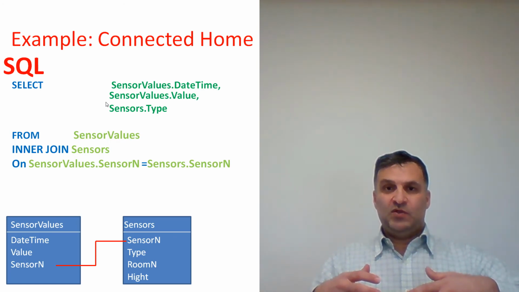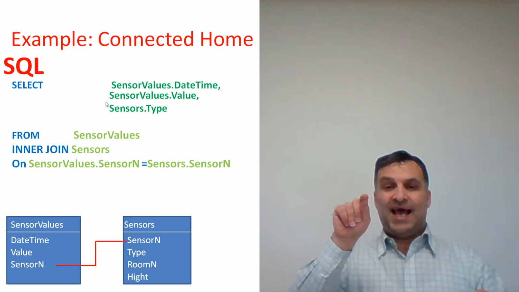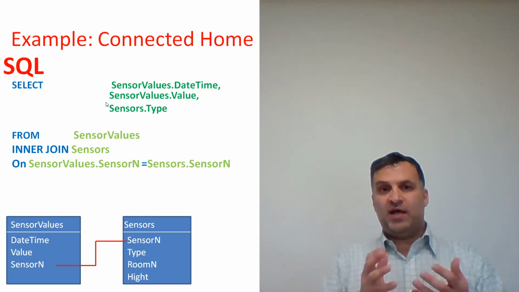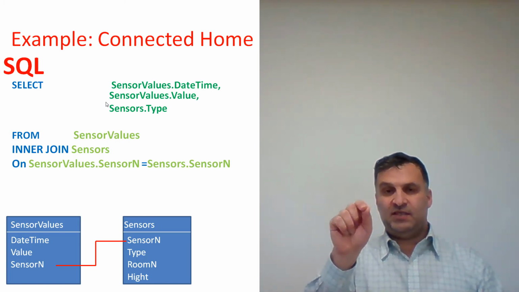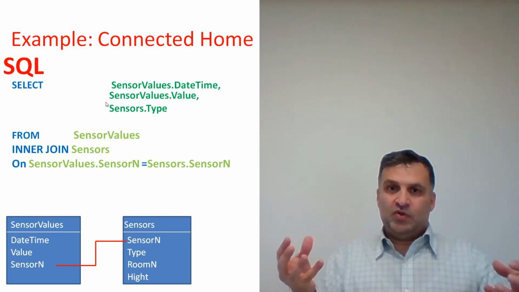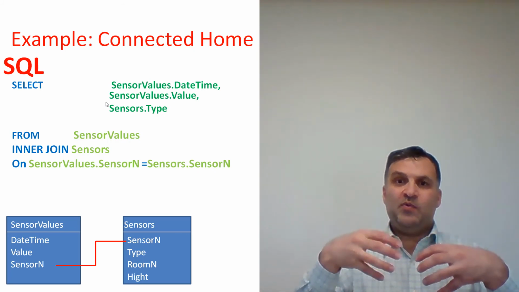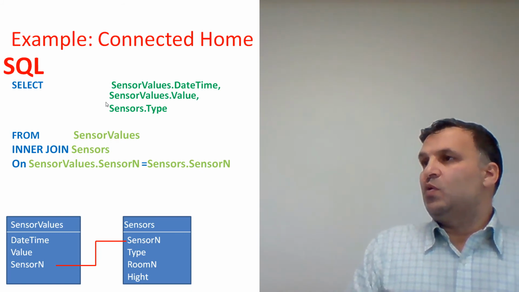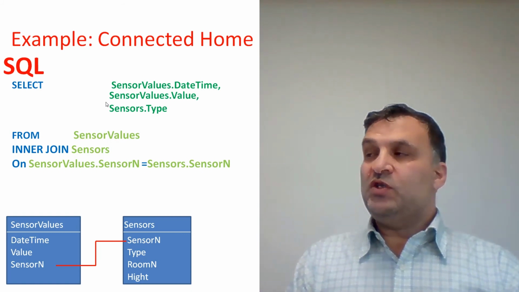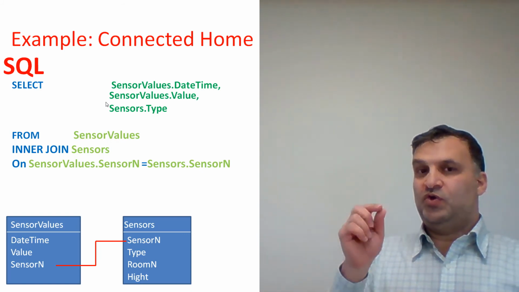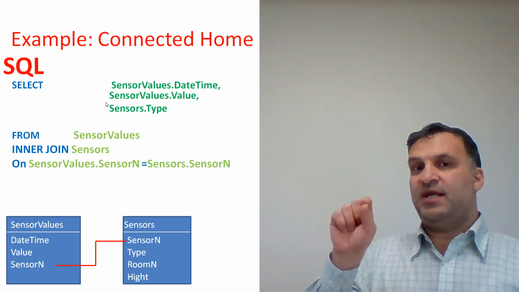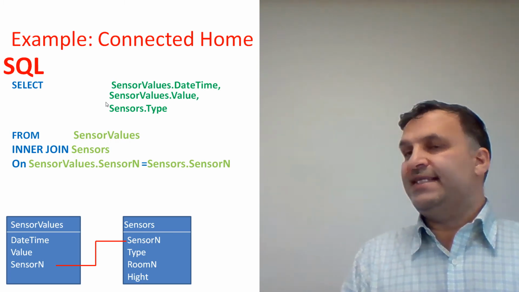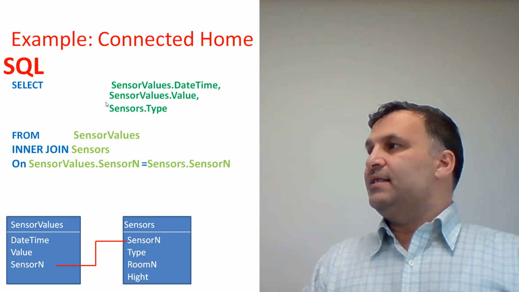How can we know the temperature in a specific room? We should join the 2 tables. How can we do that? We say select, but because we have 2 tables, we should specify the column with the name of the table. We say select sensor values.